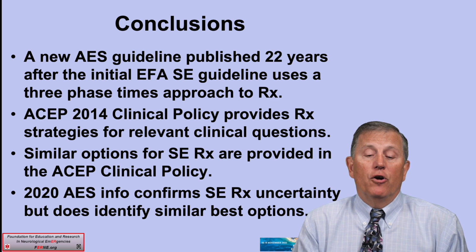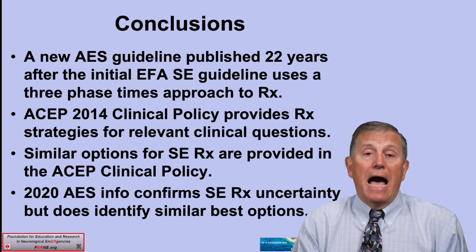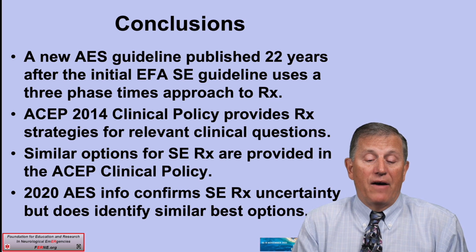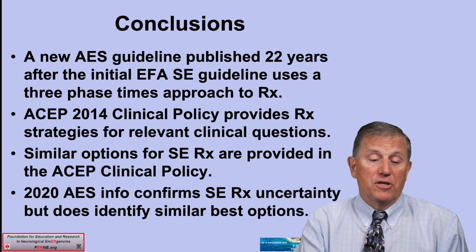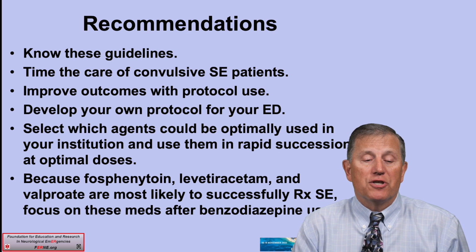We know that information in the 2020 AES publication confirms that there is a great deal of uncertainty regarding the optimal status epilepticus therapy, but it does identify similar best options for consideration for patients with ongoing refractory status epilepticus. Recommendations.